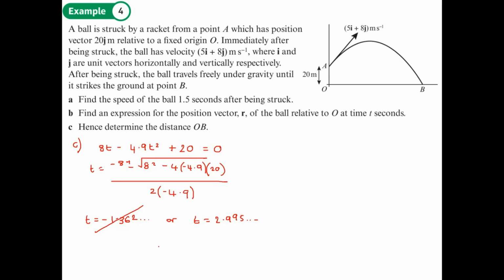So if we substitute the time into our i component, the distance is going to be 5t, so 5 times 2.995, which if I put that into my calculator, gives me 15 meters, again to 2 significant figures because I've used gravity to 2 significant figures.